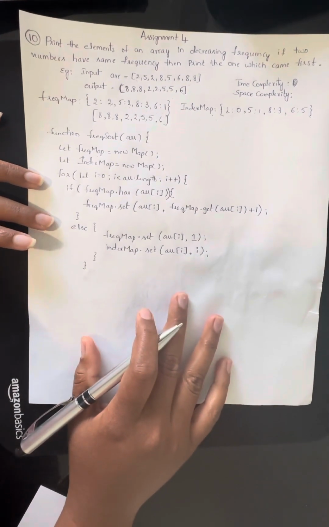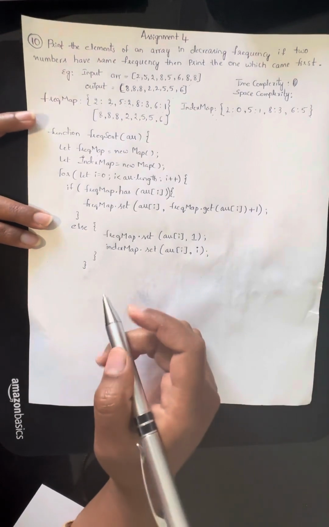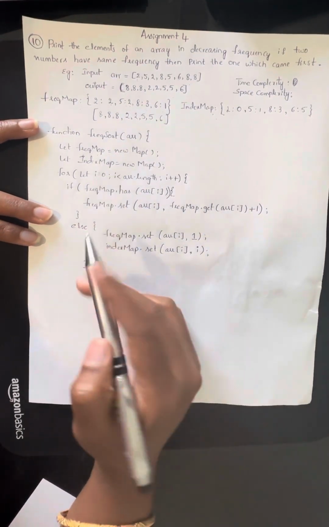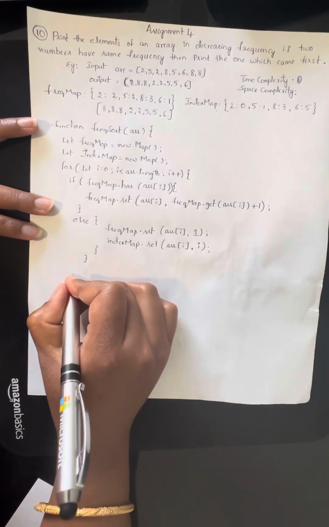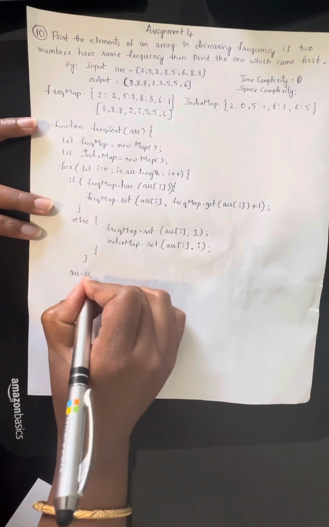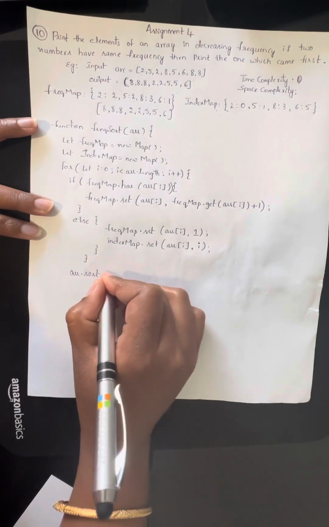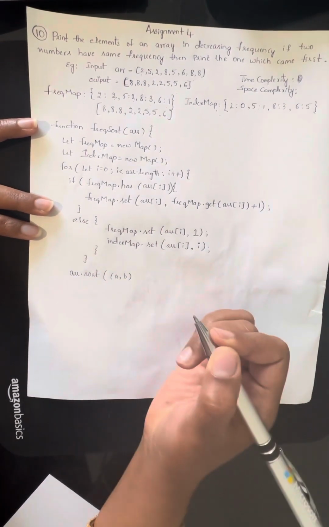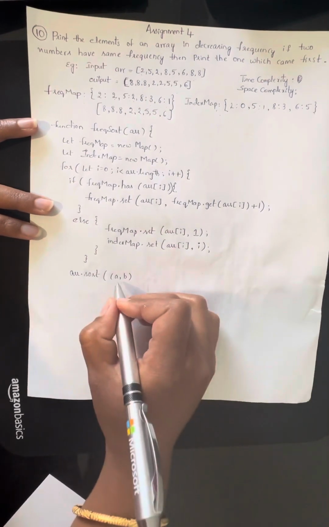Now we need to sort the given array depending on the frequency map and index map. array.sort. Let's take a function which takes two elements as parameters.